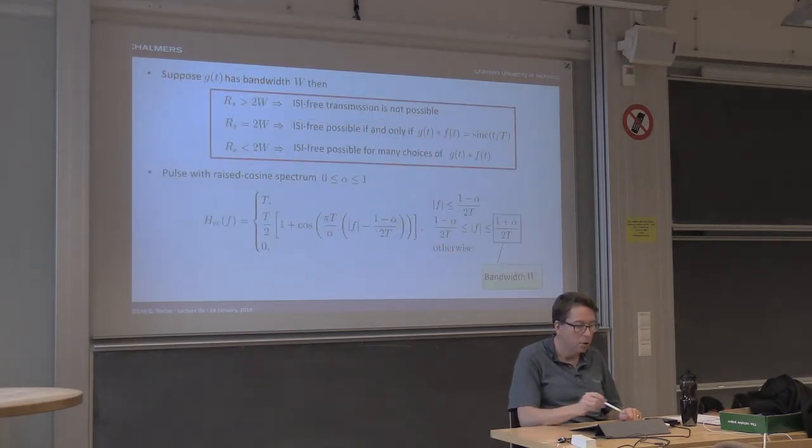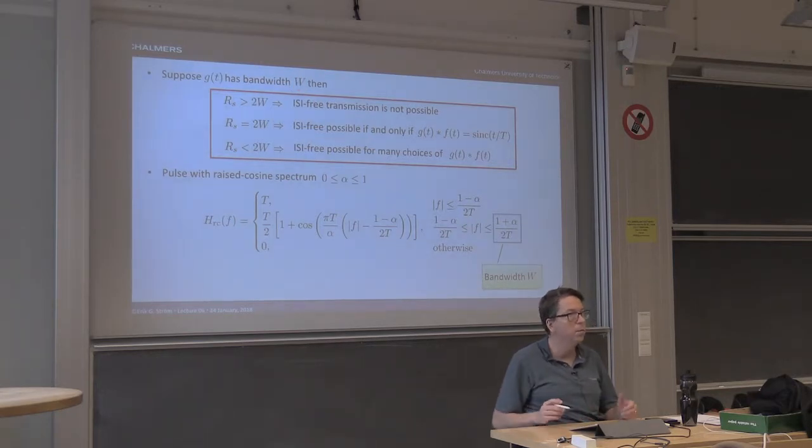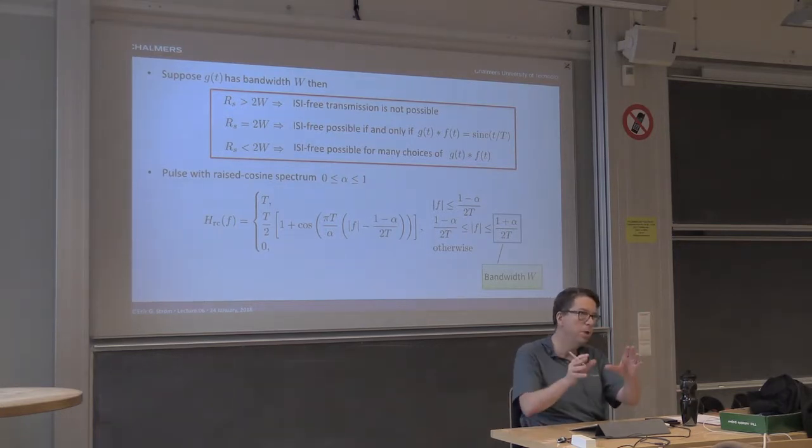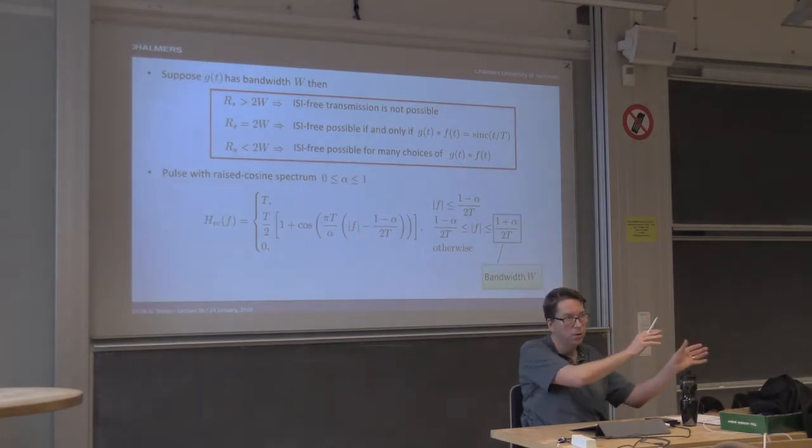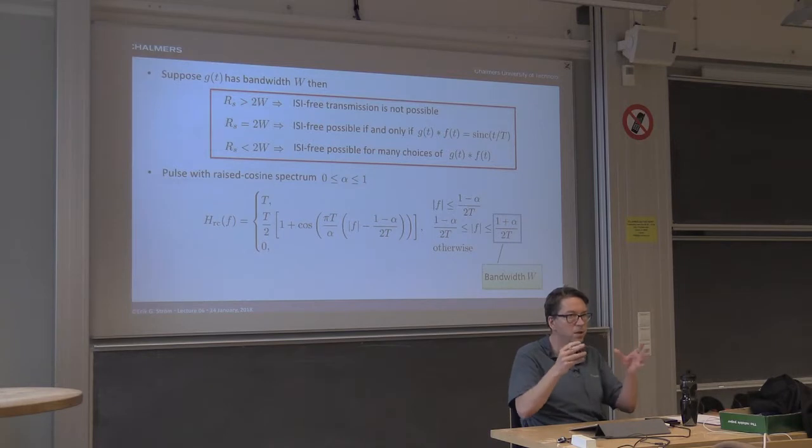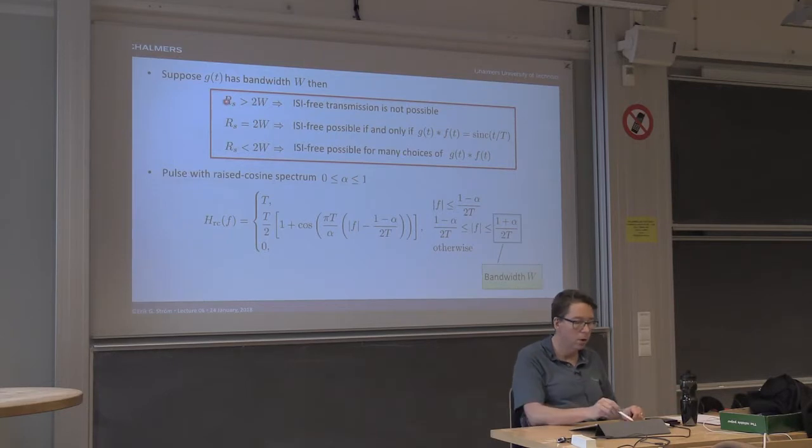Okay. So from this criterion, we can see that if we impose that g has to have a certain bandwidth W, then we can say something about when intersymbol interference-free transmission is possible or not. And remember, that has to do with the transmitted pulse, the receiver filter impulse response, and with T. The reciprocal of T, 1 over T, is the symbol rate, R_s.